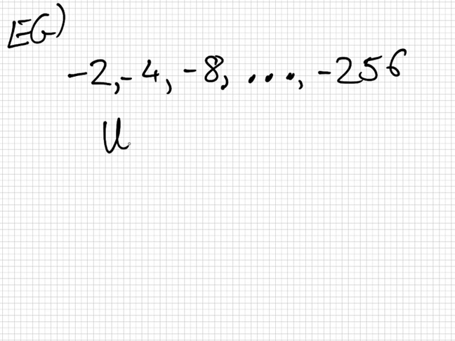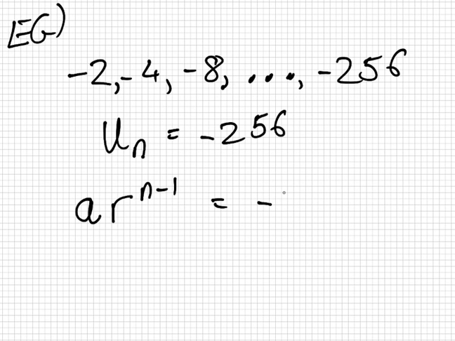We made the last term equal to Un. We do the same thing here. Un equals minus 256. What's the formula for Un? A R to the n minus 1 equals minus 256.